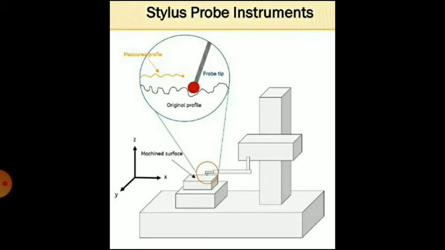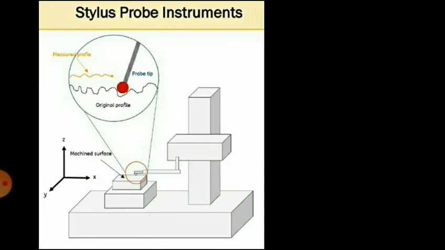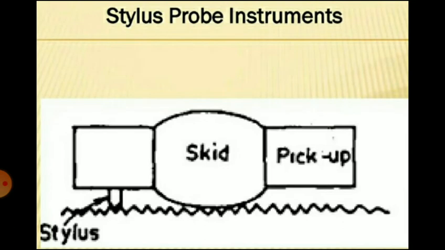It consists of the following units. First is the skid or shoe. You can see in another diagram, this is a skid or shoe. Then a finely pointed stylus or probe. You can see the stylus.